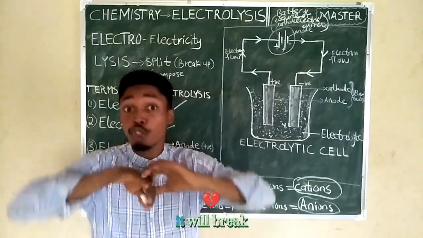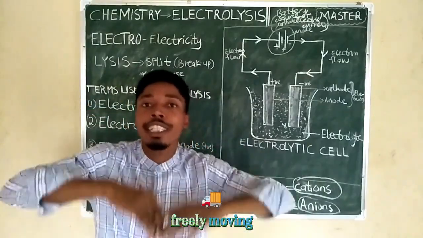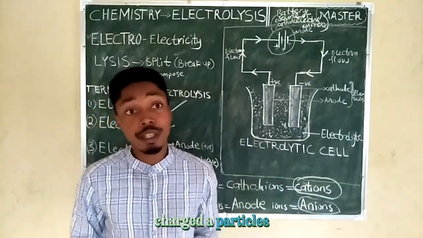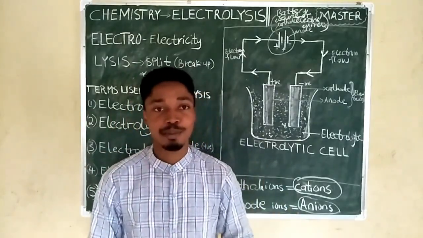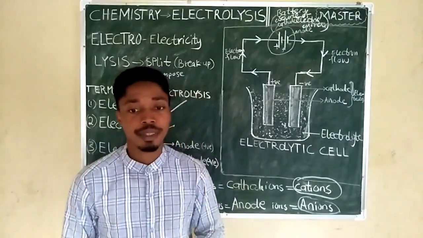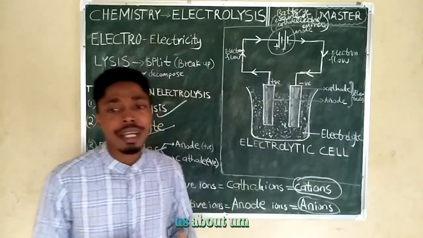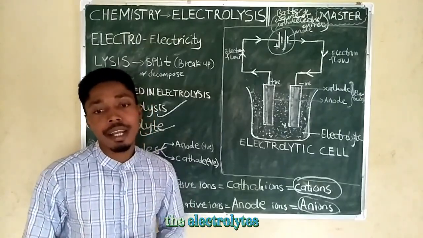It will split, it will break up into freely moving charged particles. And these freely moving charged particles are called ions. This theory tells us about the ions in the electrolyte.